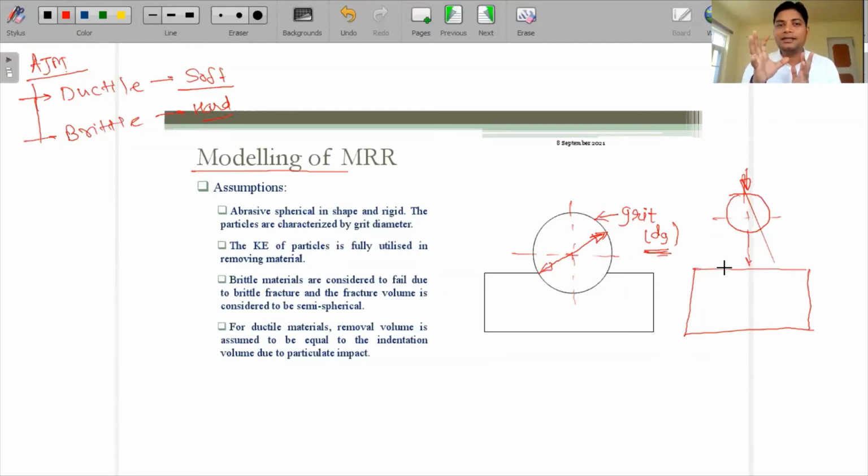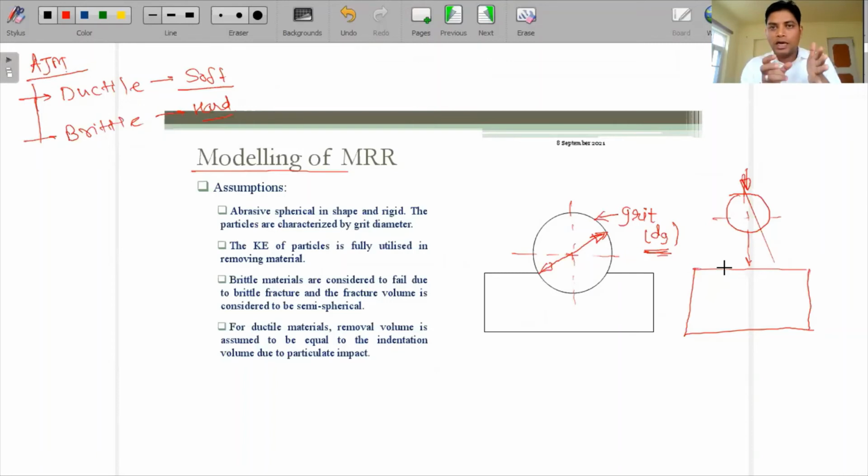It is like just throwing a ball on the wall. Guys, just throw a ball on the wall, and there will be no removal of the material. But as you continuously hit the ball on a particular point, after some time there will be a crack initiation.